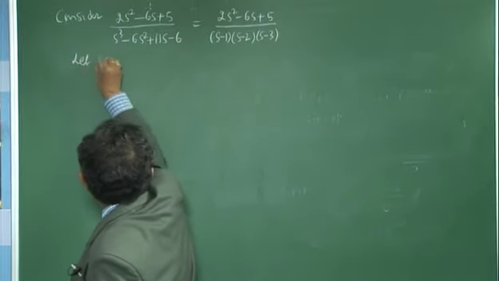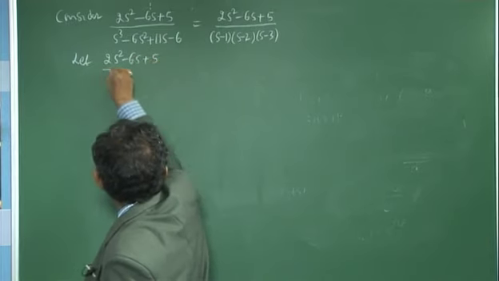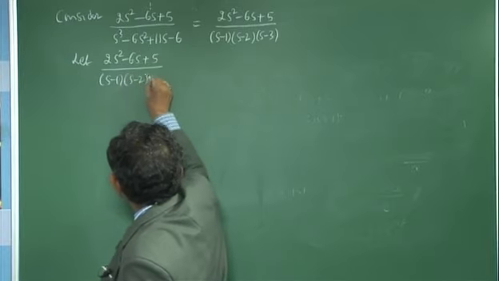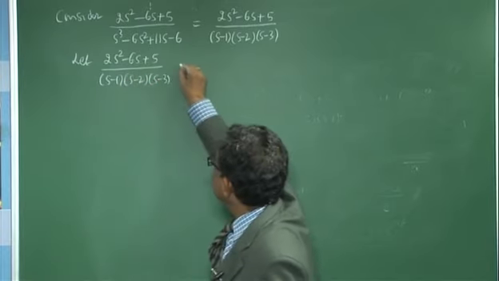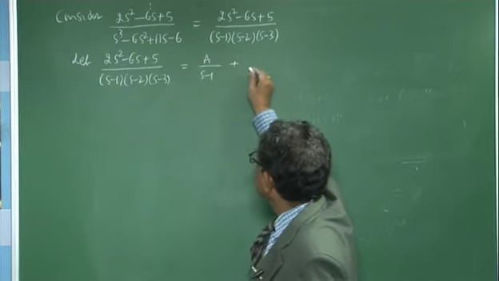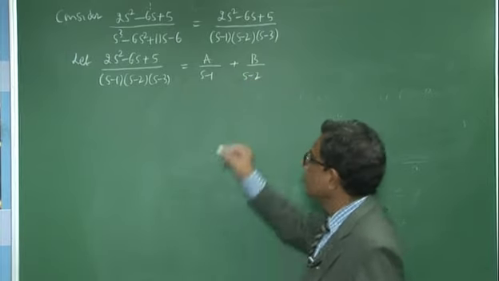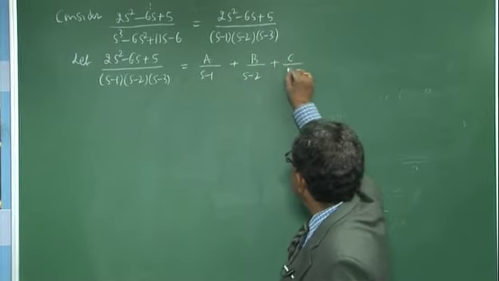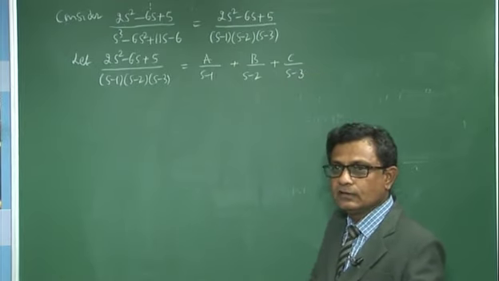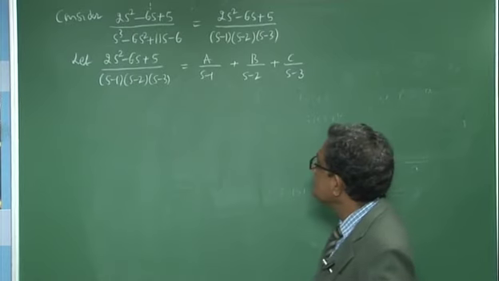Let (2s square minus 6s plus 5) divided by (s minus 1)(s minus 2)(s minus 3) equal A divided by (s minus 1) plus B divided by (s minus 2) plus C divided by (s minus 3). Already you have studied partial fractions in the earlier classes.